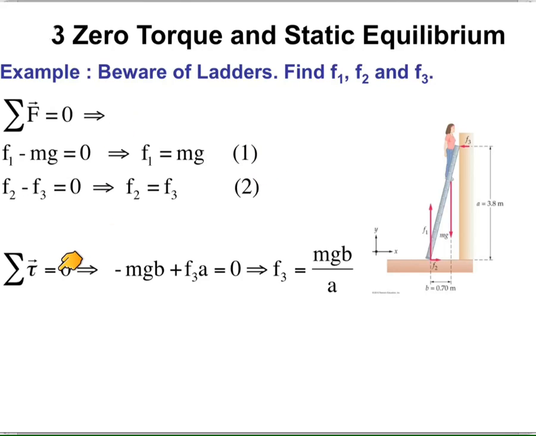The next is we have to also think about the capability of these forces rotating the ladder. Okay, and if it is in equilibrium, there is no rotation. That means all torques are equal to 0. So mg, a force that is able to rotate this ladder, right?